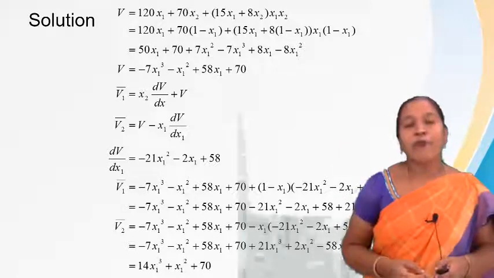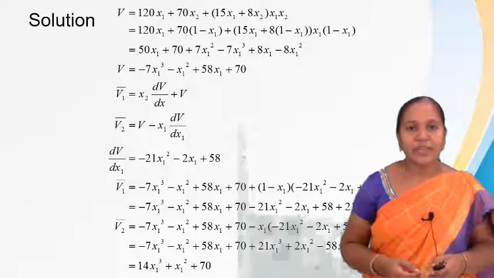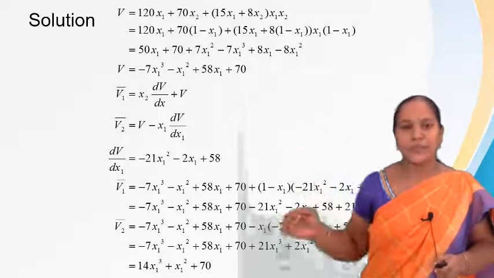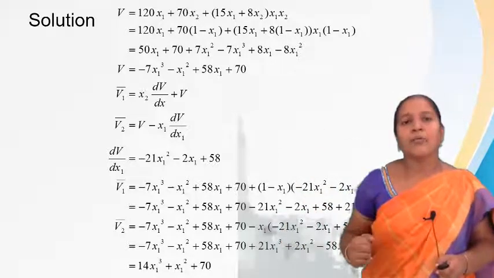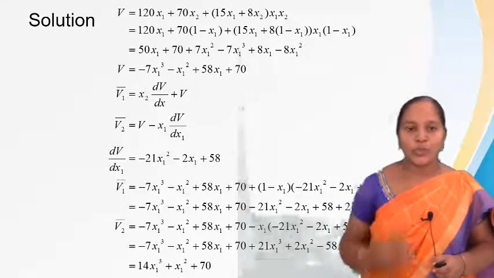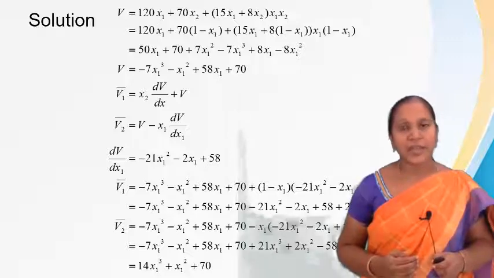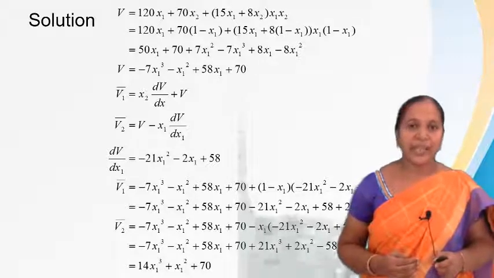We know the formulas for calculating partial properties for species 1 and species 2. That is, V1 bar is equal to V plus x2 into dV by dx1. We already discussed the partial properties in a binary mixture.